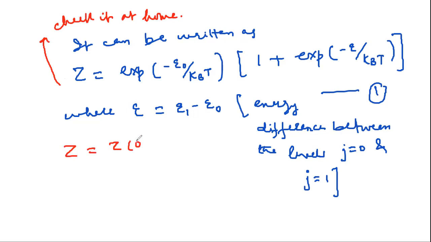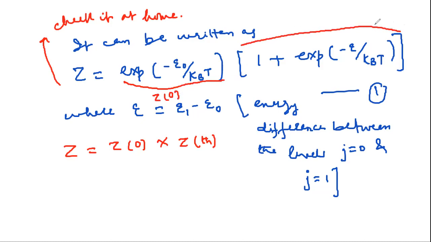First factor I call Z of 0 and second factor I call Z of TH. That means this factor is my Z of 0 and this factor is Z of TH. See what is Z of 0?